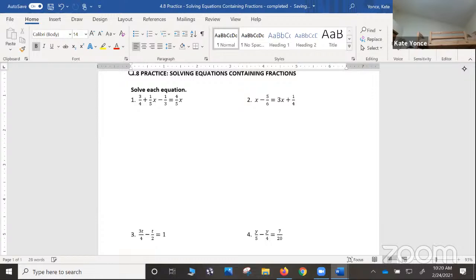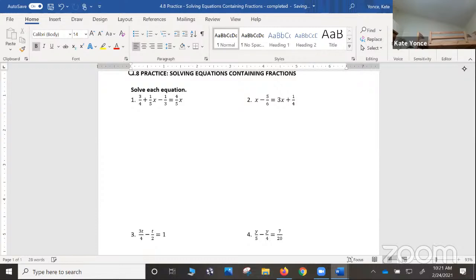So then, obviously, the next step would be to cross cancel each denominator. I'm gonna need my calculator for this. So the 4 becomes a 1. 60 divided by 4 equals 15. So that first one would be a 15.